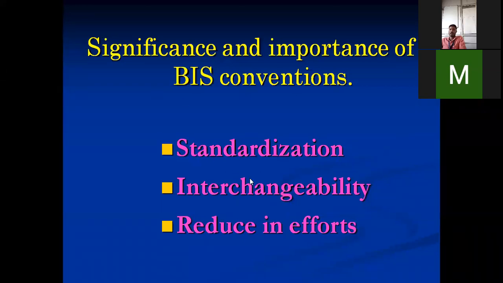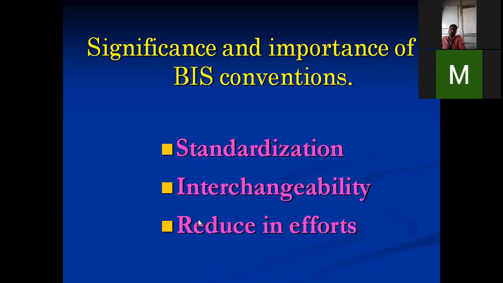So that we discussed. I even gave the example of a refill of a pen. If the ink in the refill gets over, we generally do not throw away the pen. We replace the refill. So again, a general statement. Why? What is the guarantee that whatever refill I have purchased will fit my pen? That is nothing but interchangeability.